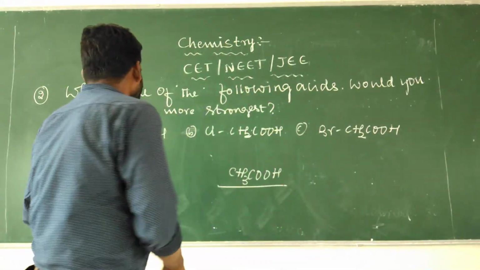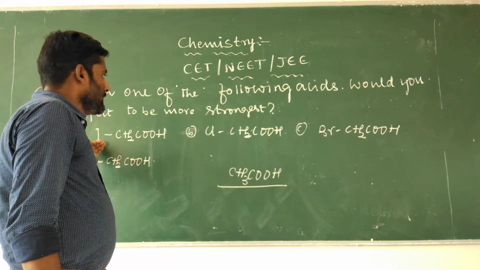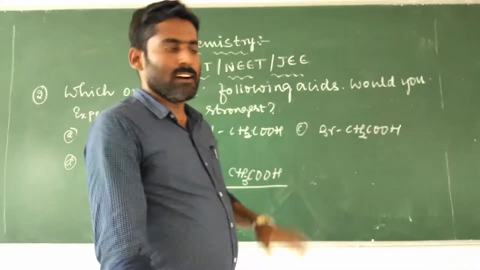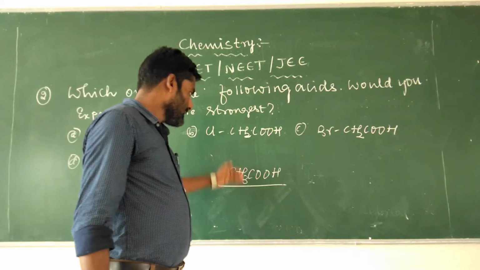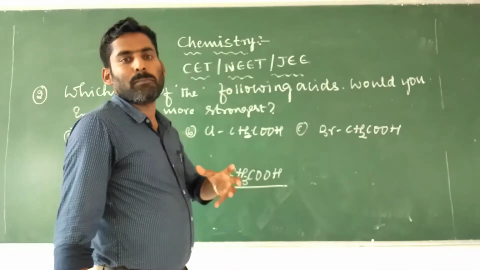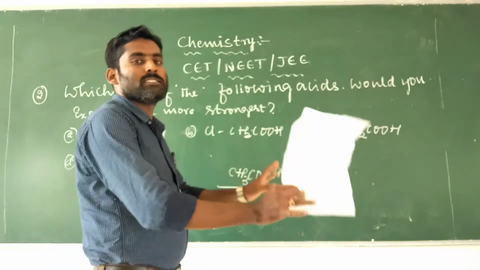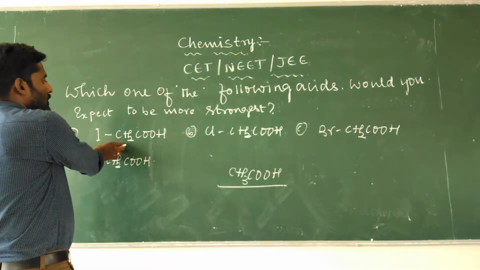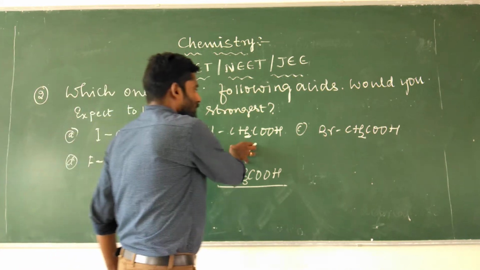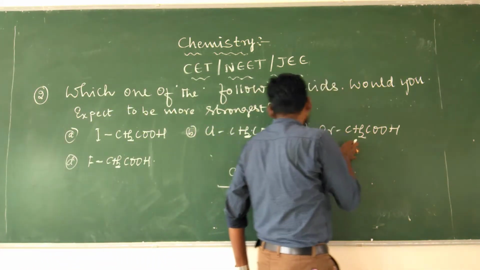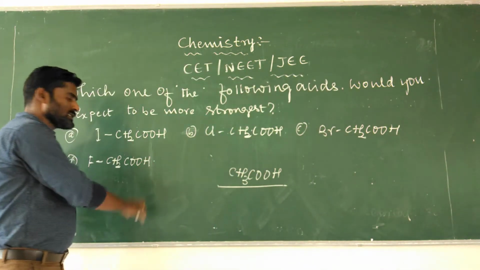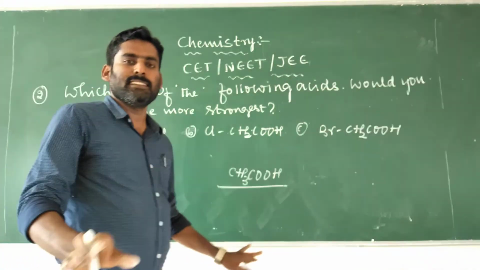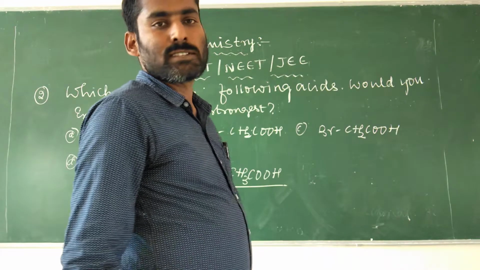So when iodine, chlorine, bromine or fluorine atoms are introduced into acetic acid, what will happen to the acidity? Which one is strongest? Here they are given iodoacetic acid, chloroacetic acid, bromoacetic acid and fluoroacetic acid. Among these, which one is strongest? We have to identify.